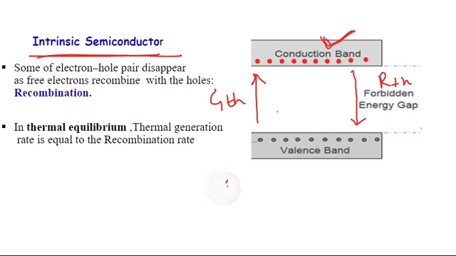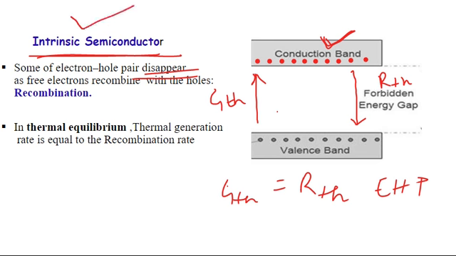Whenever GTH becomes equal to RTH, the electron hole pairs, or EHP, disappear, which results in fewer charge carriers inside the semiconductor, and the intrinsic semiconductor doesn't conduct.